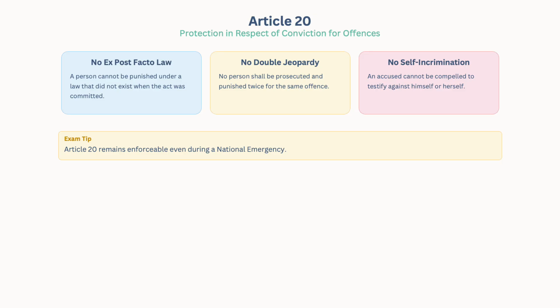And no self-incrimination. An accused cannot be compelled to testify against himself or herself. Sometimes it can happen that someone can force you to testify against yourself. Let's say you are accused of stealing a bike, but you did not steal.